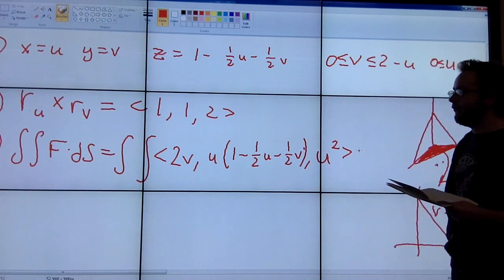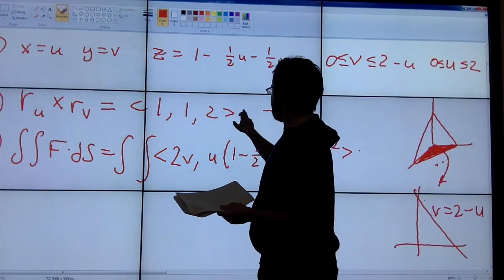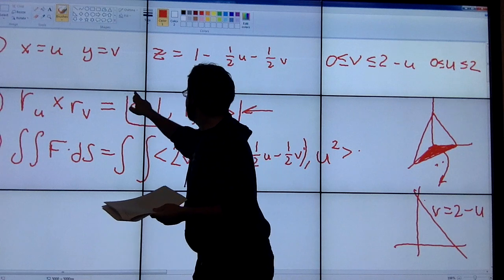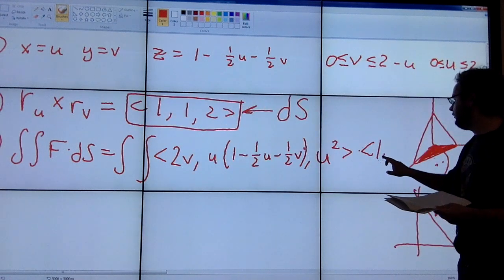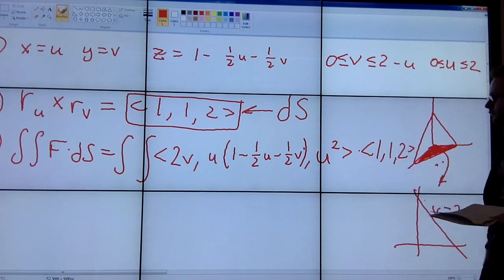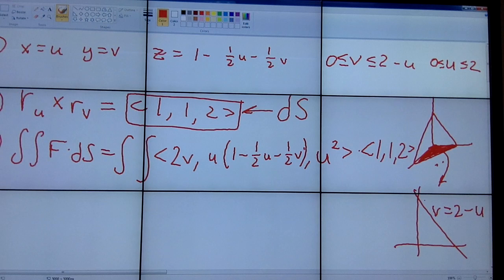And this is supposed to be dotted with what? dS. What is dS? This guy is dS. So we're going to dot it with 1, 1, 2. Step 4, going to integrate after we simplify.